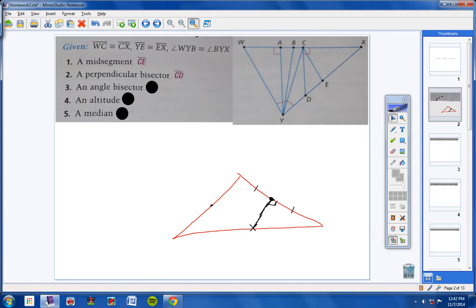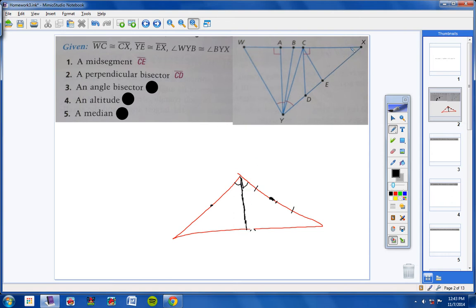Number 3, angle bisector. We're looking for a line that comes off of a vertex and totally cuts the angle in half, like this down here. A line coming off this vertex in such a way that this angle here is congruent to this angle here. So we don't see any marks here for angles.